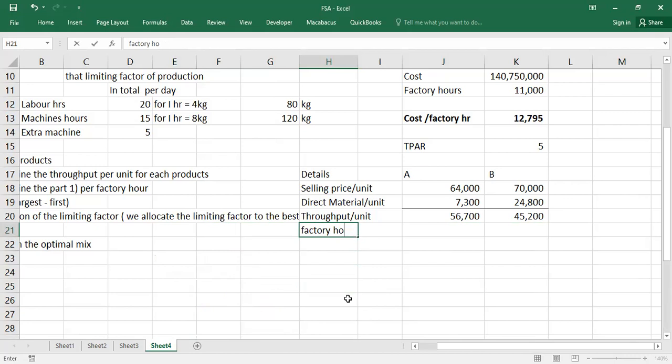You must bring them. Looking at this per unit, you can divide this. They must be in the same magnitude. If the throughput is per unit, then factory hours must be per unit. So these were still given in the question.